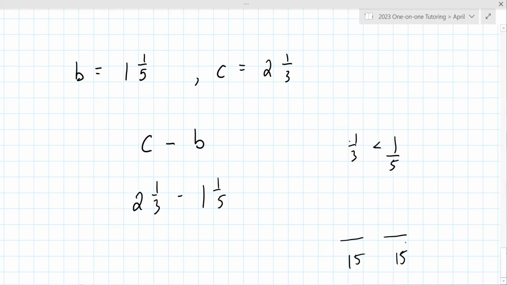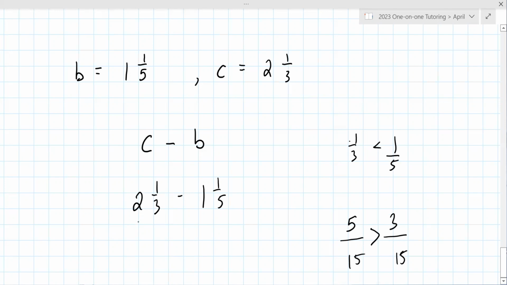So 1/5 is larger though. What is the number on the left here? The number on the left would be 5. And what's the number on the right? 3. So which is larger, 5 or 3? 5. So there's no borrowing needed in this case.